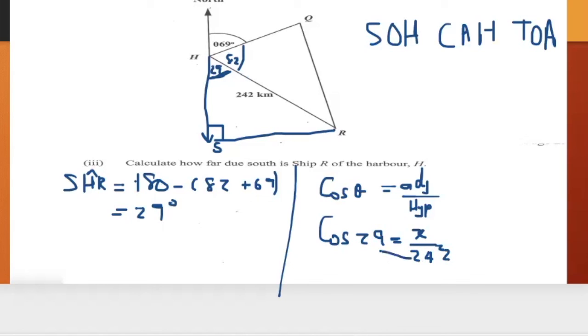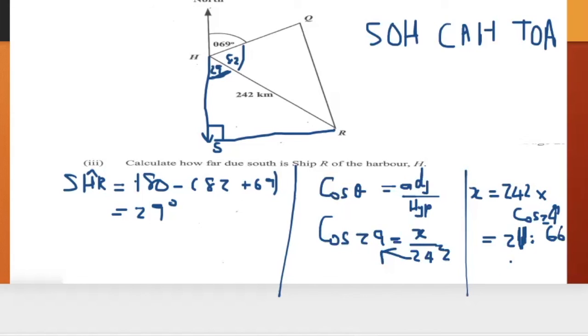Cross multiply, so x is equal to 242 times cos 29. This is the part where we put it in our calculator, and this will give us 211.66 kilometers.